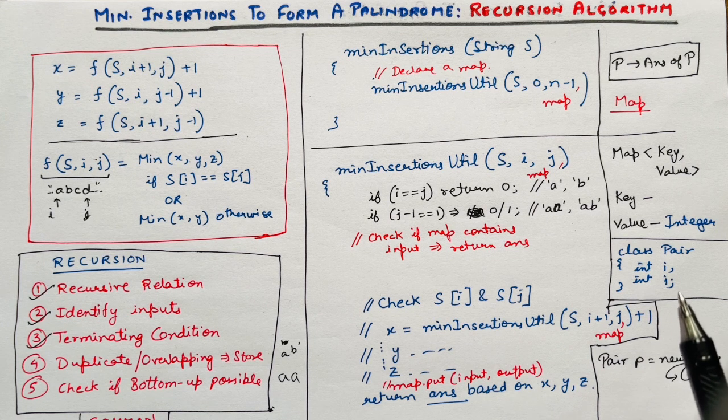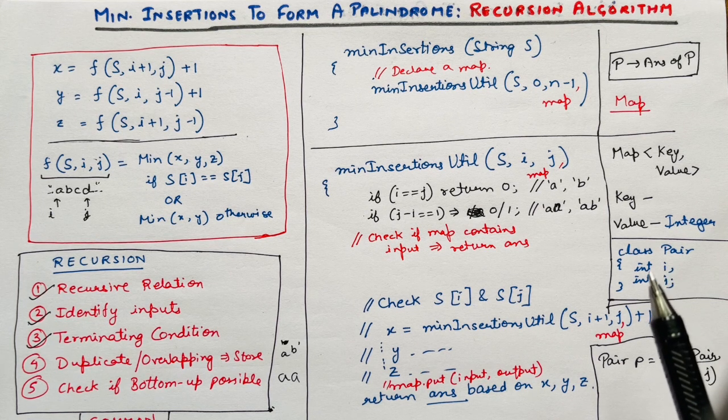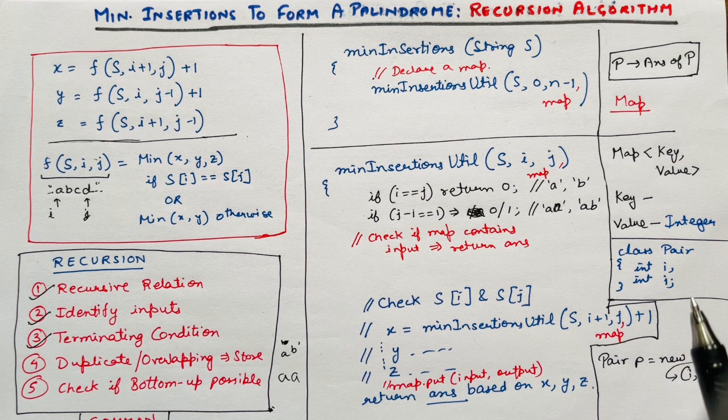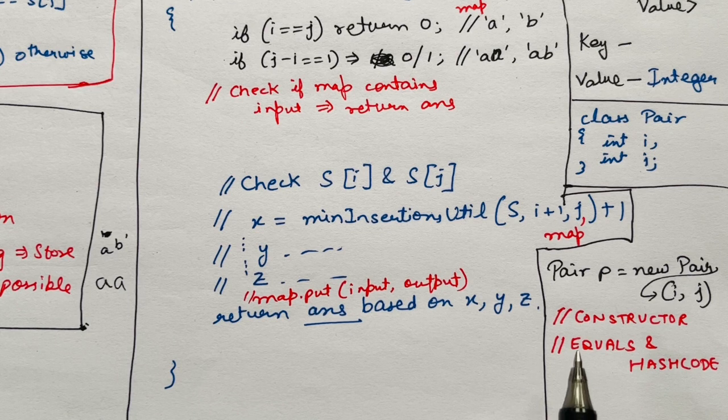By overriding the equals method of this class, we will tell Java that hey, the two objects of this class are equal when the values of the two objects are equal, and not just when their memory addresses match. And whenever we override the equals method, we also have to override one more method, which is hash code.